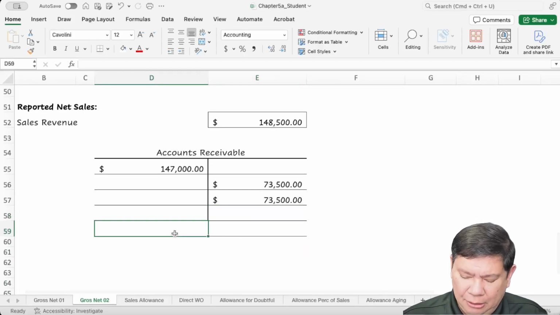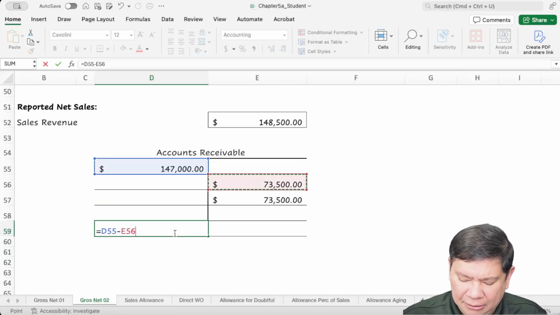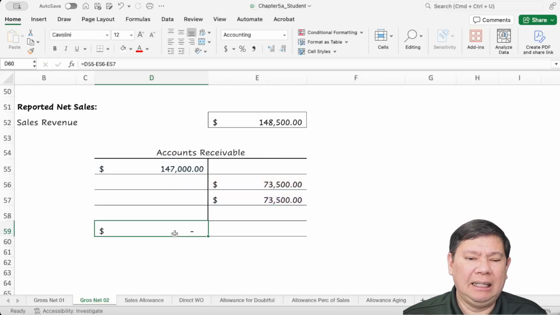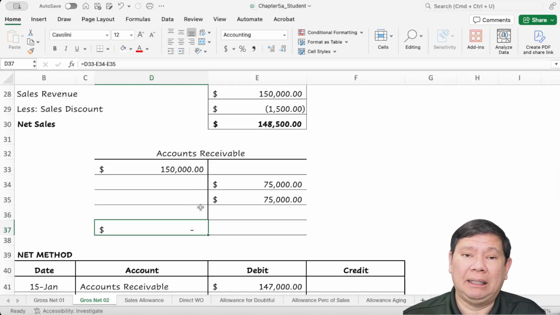So we can calculate the ending balance, $147,000 minus $73,500 minus $73,500. Again, the ending balance in our balance sheet will be 0, like the gross method.